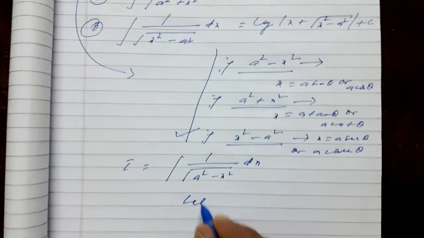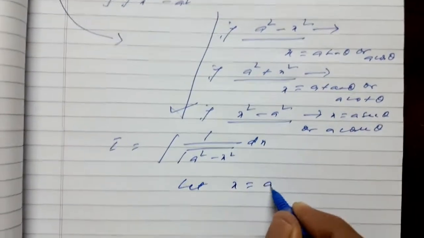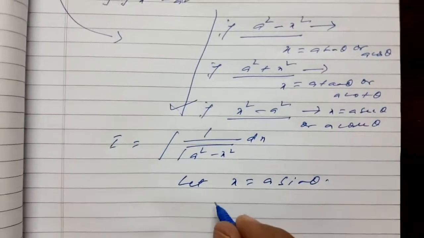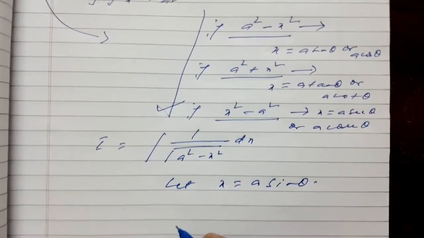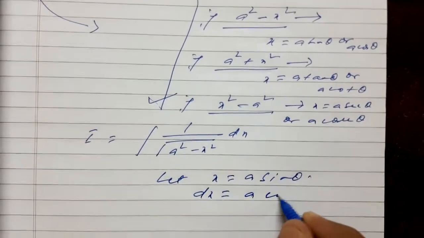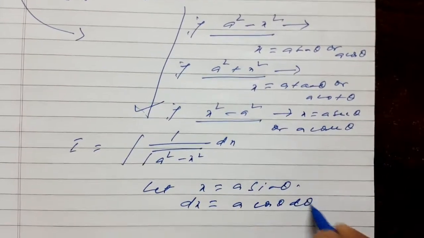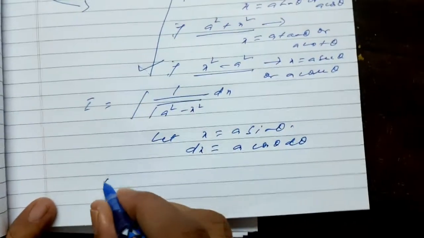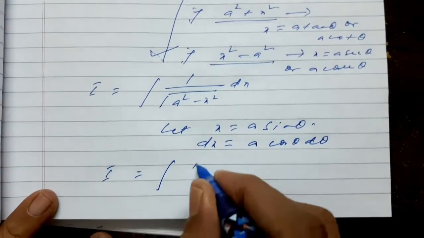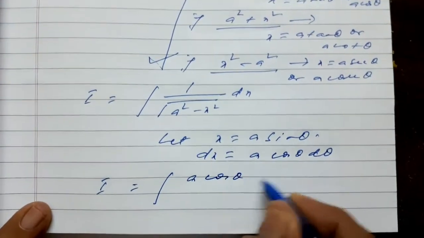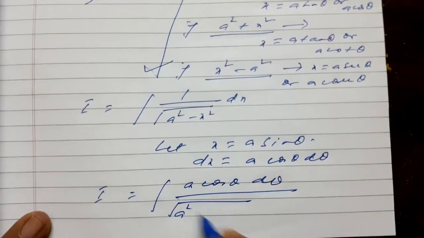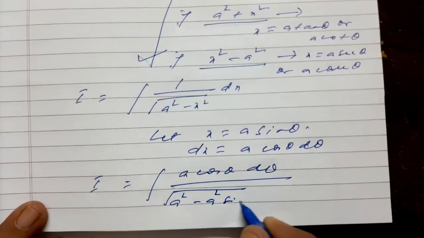So first, let x equal a sin theta. That means we are going for a substitution here. So dx is equal to a cos theta d theta. Then I will be a cos theta d theta upon root under a square minus a square sin square theta.